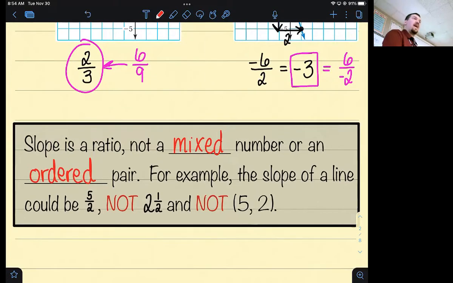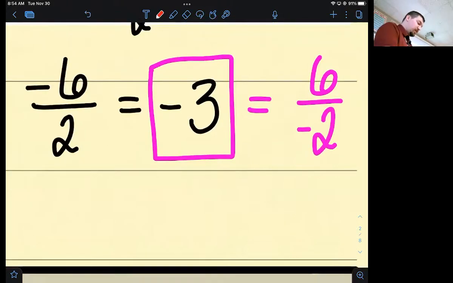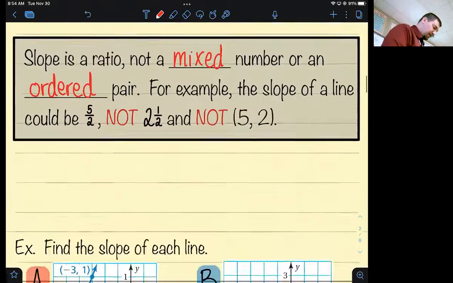Okay, that's a location. Slope's not a location. Slope is a steepness represented as a fraction. So yes, I can reduce this to -3, but if this was 7/2, I'm not going to write that as 3.5. I'm just going to leave it as 7/2. Okay. All right, let's move on.